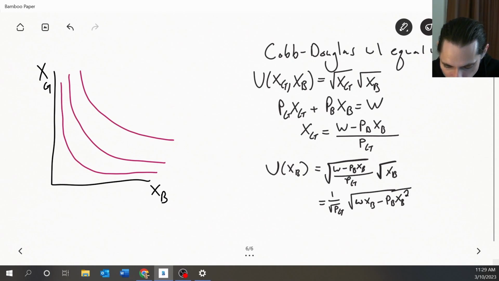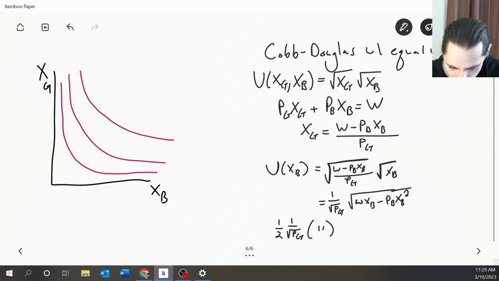So if we do that, we're going to get 1 divided by square root of pg, and then this whole thing inside of the square root sign is going to give us a 1/2, and then the whole thing to the power negative 1/2. I'm just not rewriting here what's the argument of the square root.